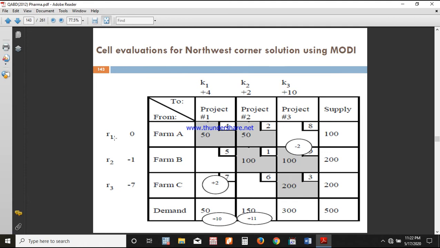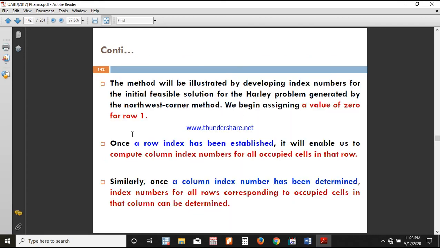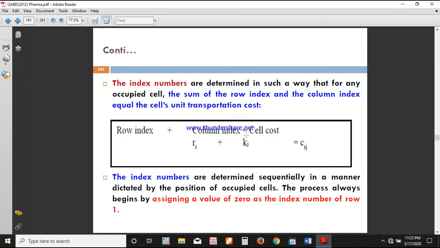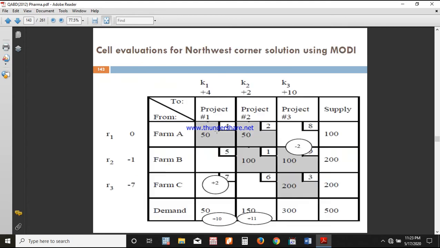To start with, you can put the rows 1, 2, 3, and the columns 1, 2, and 3. Always start with row 1, whose index value is equal to 0. Now you can bring this formula: row index plus column index is equal to cell cost.